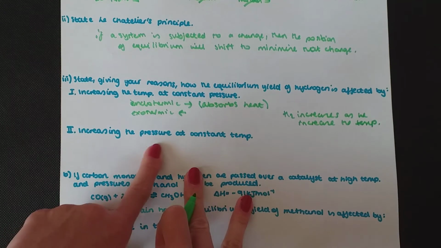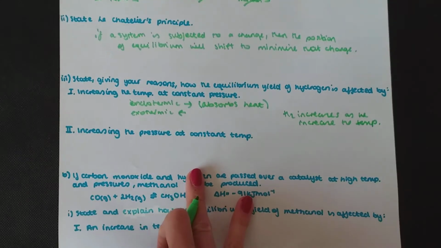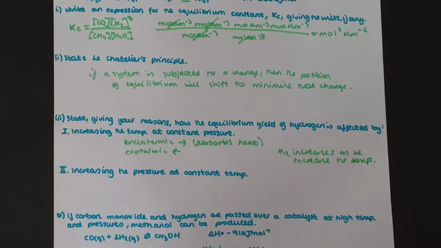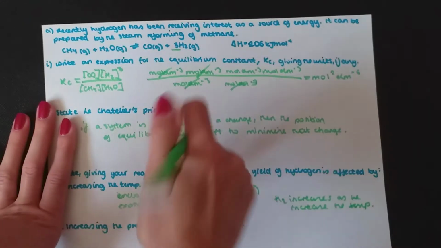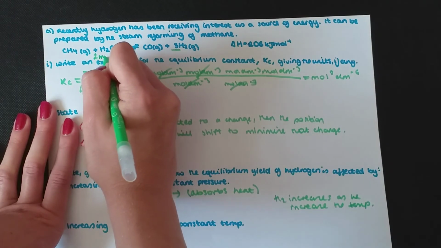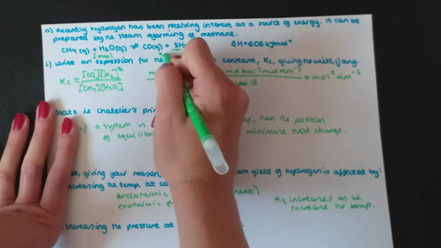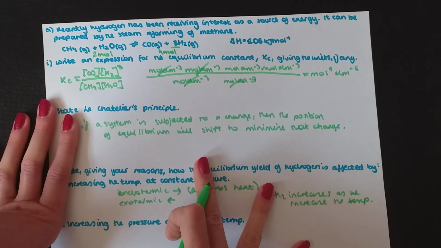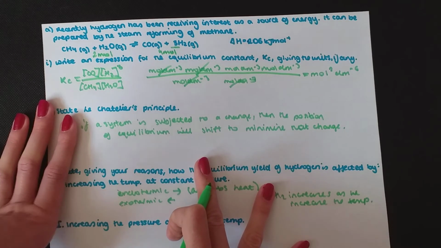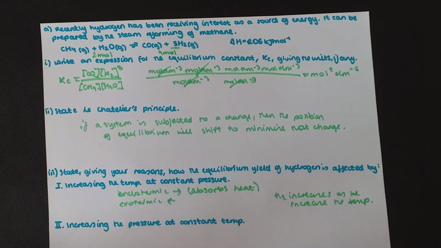Now what would happen to the hydrogen yield if we increase the pressure? So whenever we increase the pressure, we need to find the number of moles, and we have 2 moles on the left hand side, 4 moles on the right hand side. And increasing the pressure, the equilibrium moves to the side with fewer gas molecules.